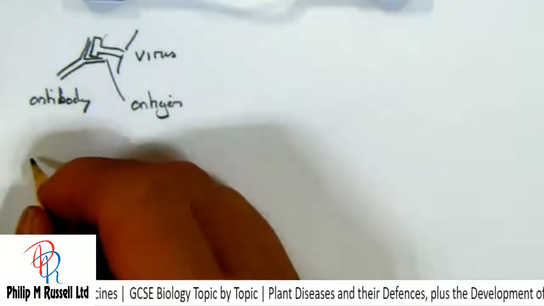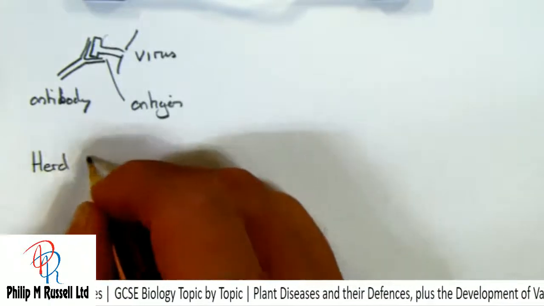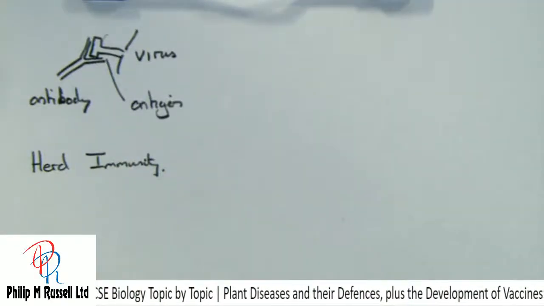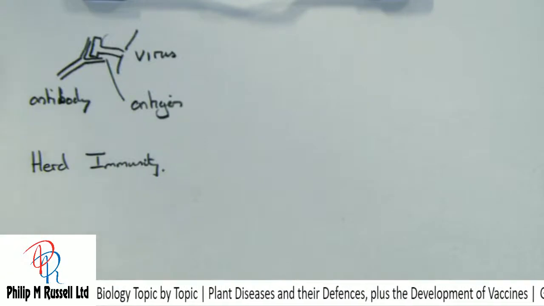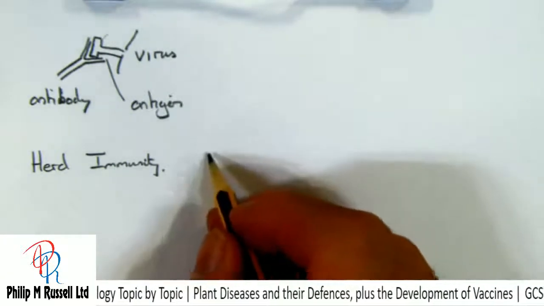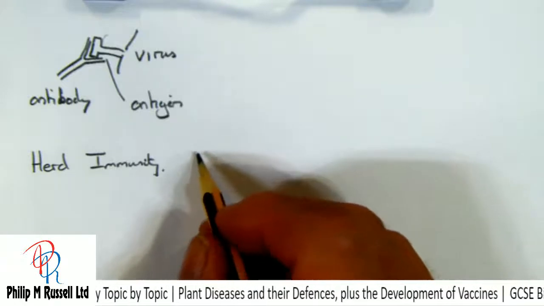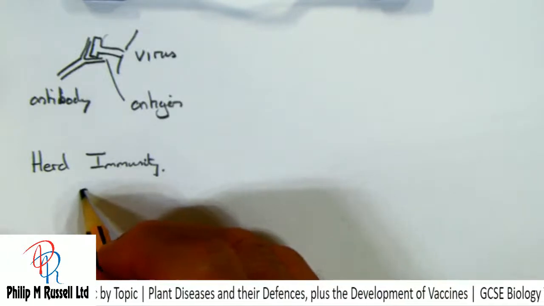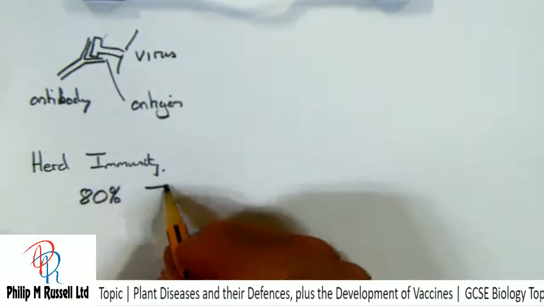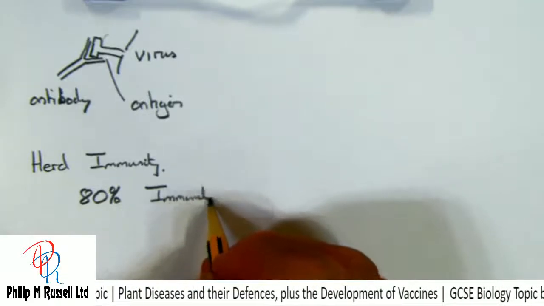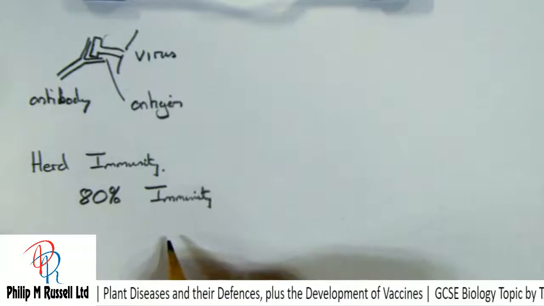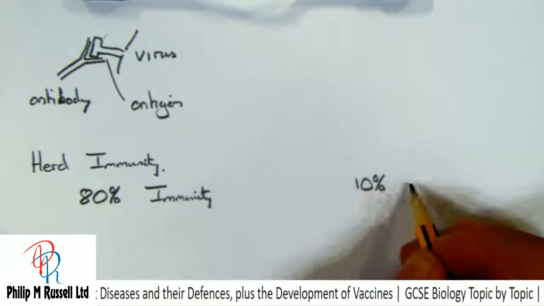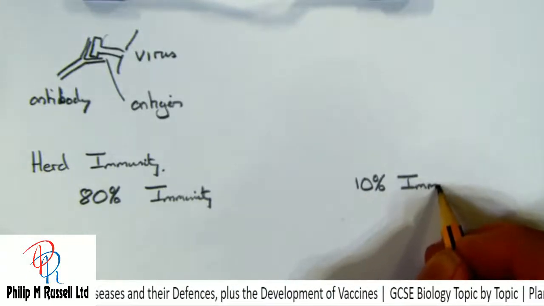Now, this is where something called herd immunity comes in. Herd immunity works if we've got, let's say, a fair number of the population which is immune. So let's suppose we've got, I don't know, let's say 80% of the population has got immunity. Now, what we have at the moment in this country is about 10% immunity. We're guessing at that.